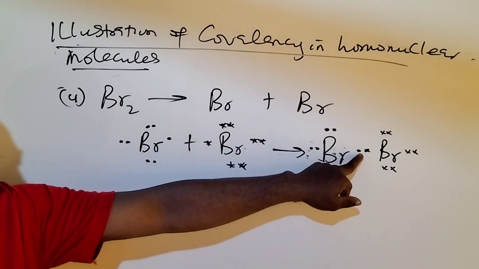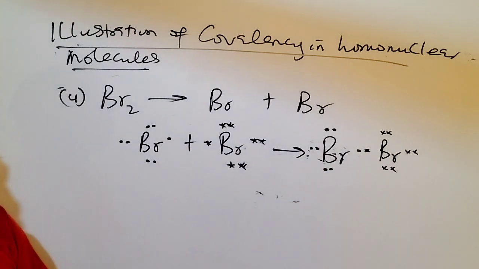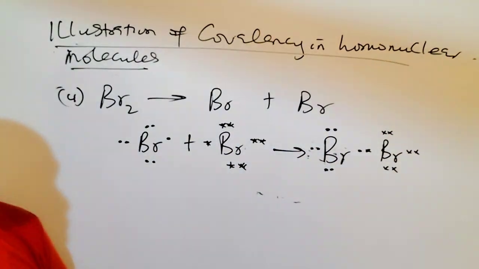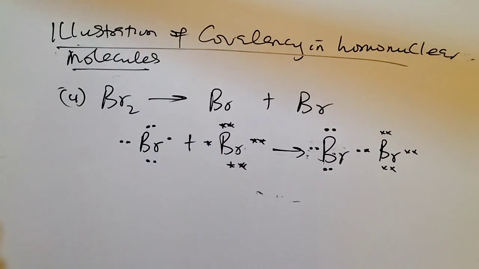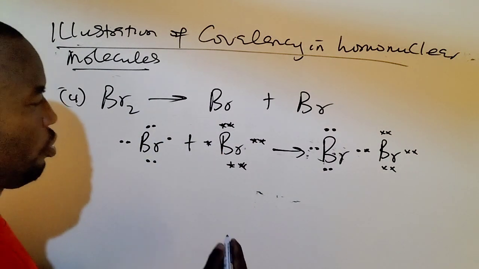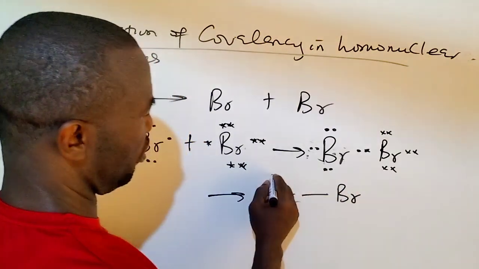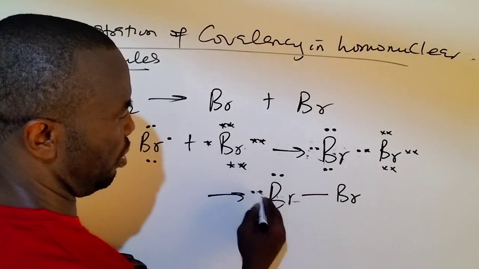One bonding pair, or shared pair. How many lone pairs? 1, 2, 3, 4, 5, 6, so 6 lone pairs, like chlorine that we used previously. So what kind of bond is in bromine? The bromine molecule possesses a single covalent bond.